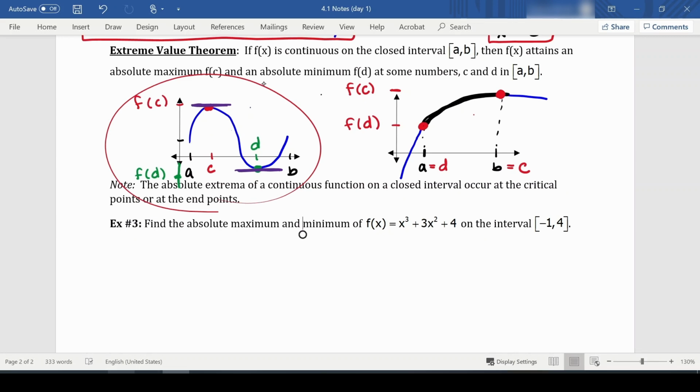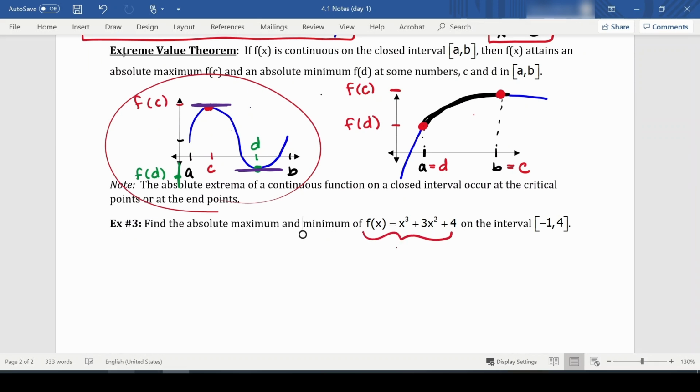Okay? So the absolute extrema of a continuous function on a closed interval occur at the critical points or at the endpoints. But there has to be an absolute maximum and an absolute minimum on a closed interval of a continuous function.